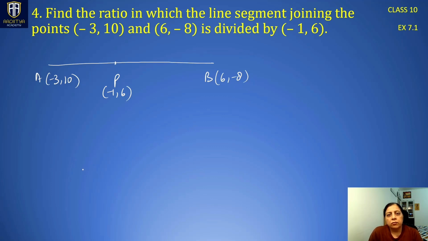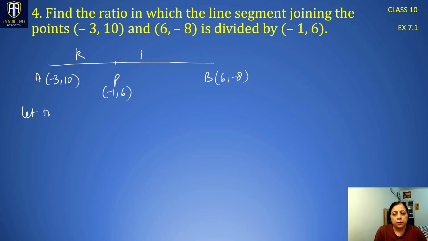I had told you in the introductory video, whenever we have to find the ratio, we always assume it to be k is to 1 instead of m is to n. That has got the logic that when we have two variables, then we will have to solve two equations to solve for those m and n. Instead, we can use k is to 1.